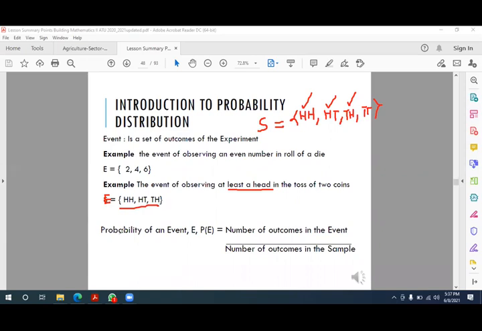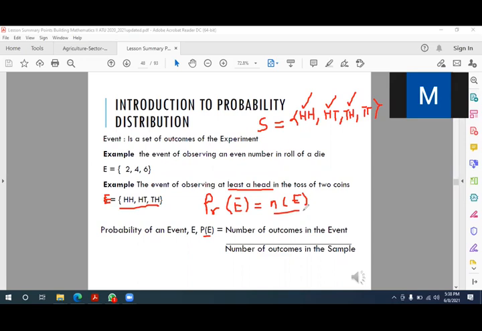And we also define the probability of an event E, written as P(E), or sometimes we write probability of the event E, but a common notation is to use P(E). It's defined as the number of outcomes in that event over the number of outcomes in the sample space. So that gives us the probability of the event.